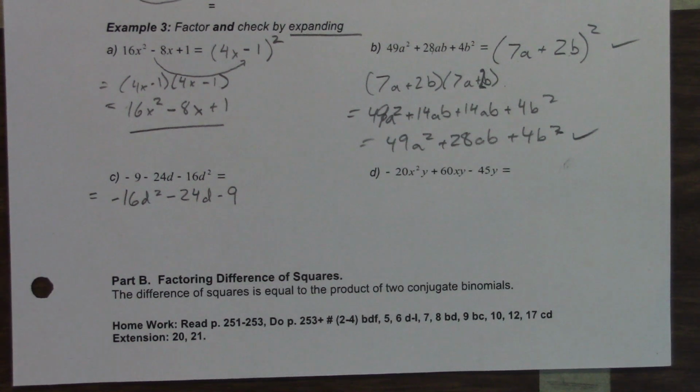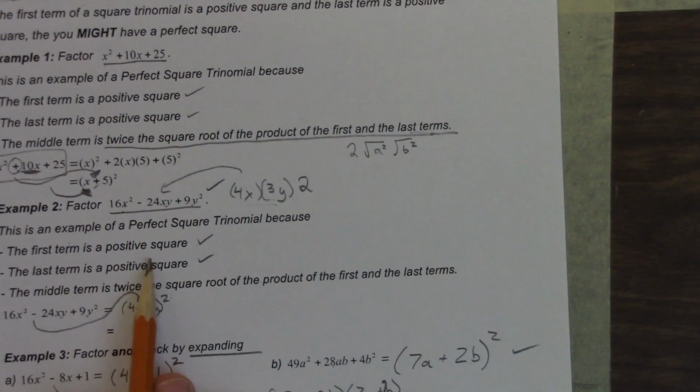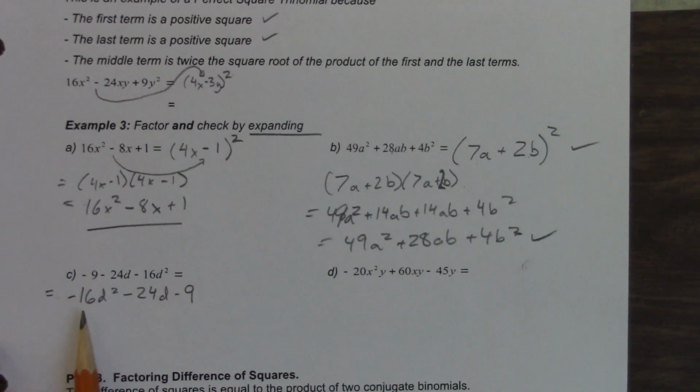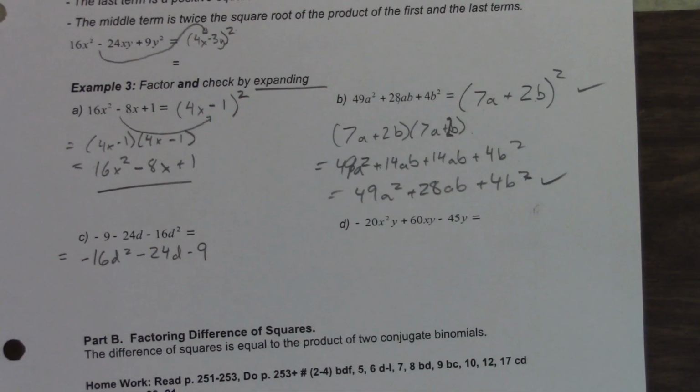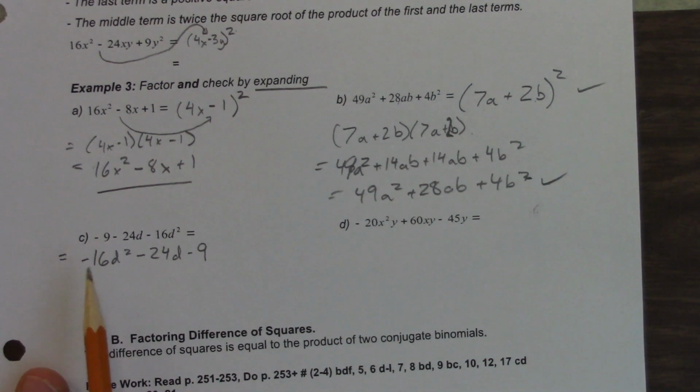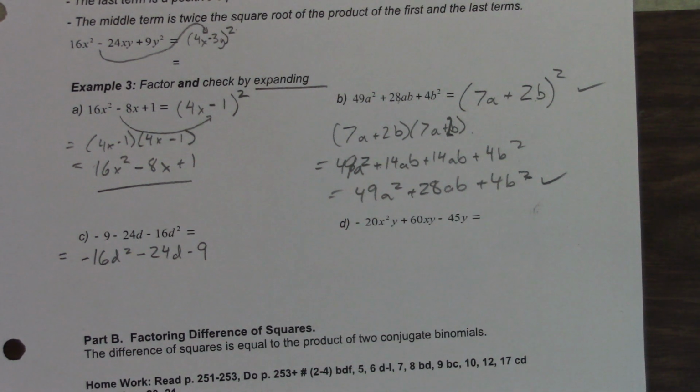All right, now, one of our first checks, right, is the first term positive? It is not, it's negative. So we have to get rid of the negative. What can we do here? Liam, do you know? No? What do you notice about the negative? It's negative, negative, negative. What can I do?